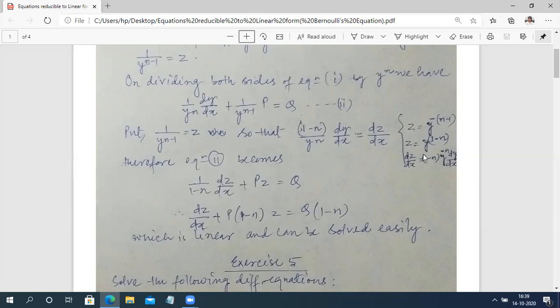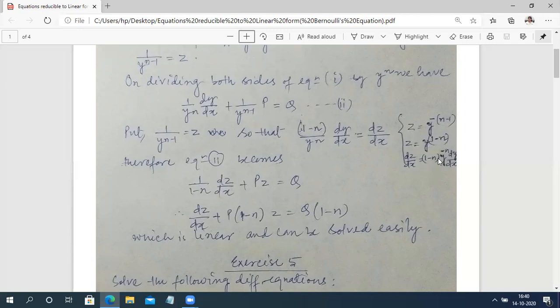dz/dx will be, we are differentiating the whole equation with respect to x. On the left hand side it is dz/dx, and on the right hand side first you differentiate with respect to y, and then again you differentiate y with respect to x. Is it clear? If you differentiate y^(1-n) with respect to y, what will happen? The power will come first, so 1-n, and its power will decrease by 1.